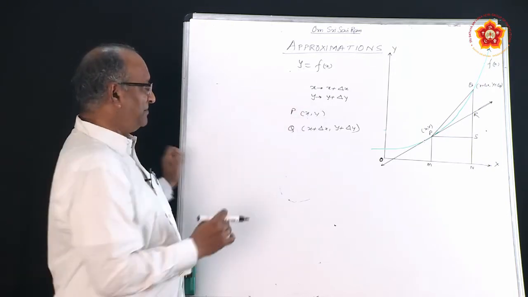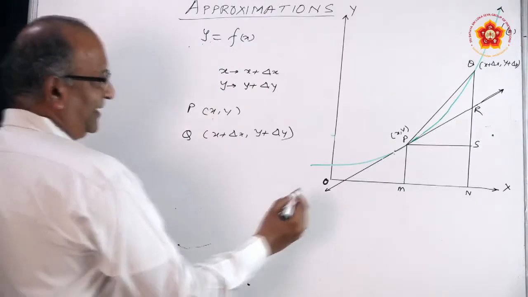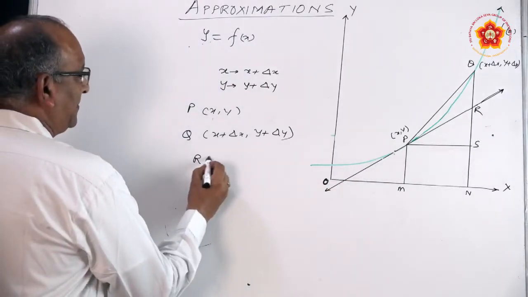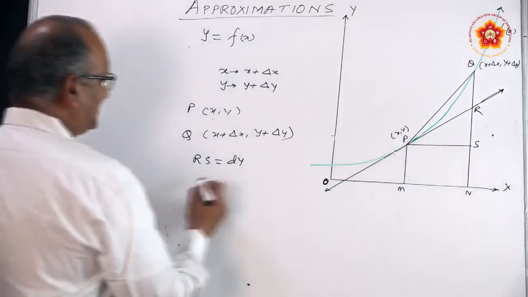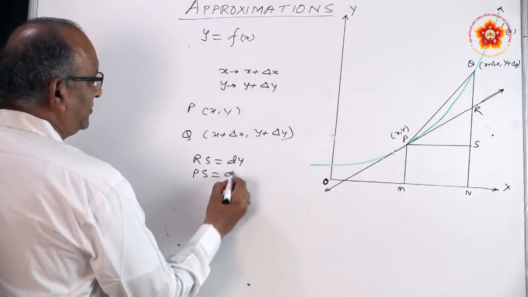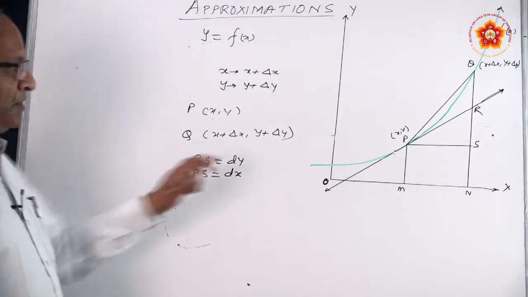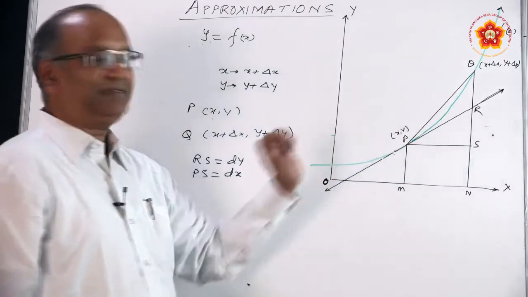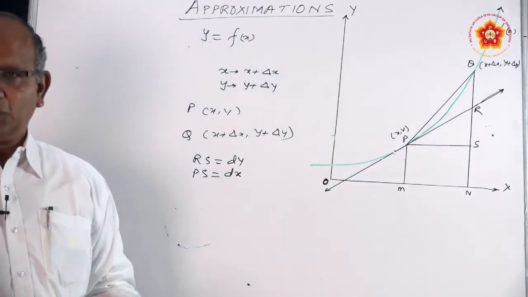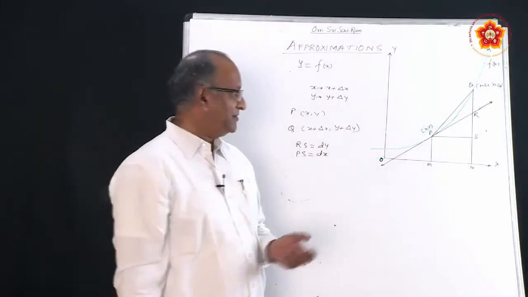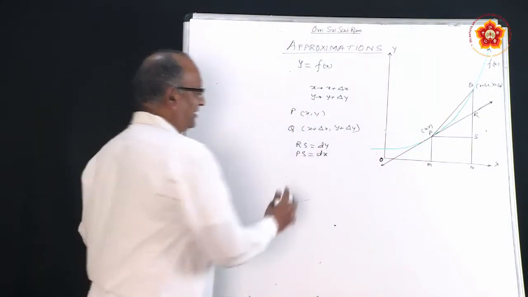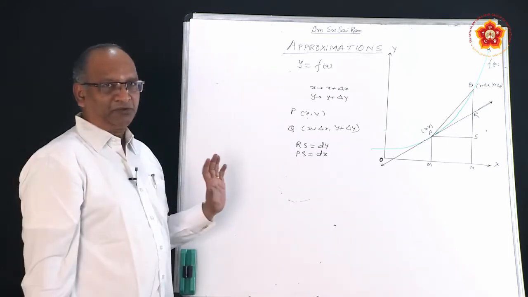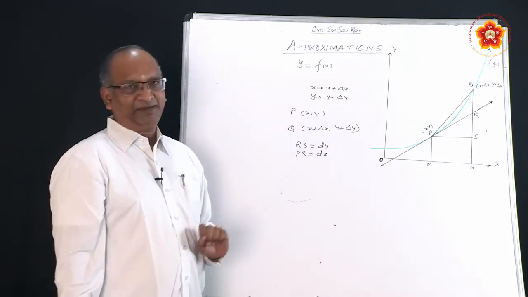In this diagram, we can say that RS is equal to dy and PS is equal to dx. Perpendicular by base will give us the slope of the tangent. So, RS by PS, if we do, we will get dy by dx. We do not need to do that, but just for our understanding.